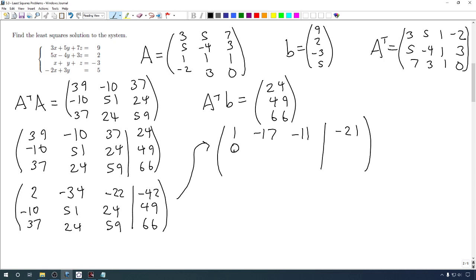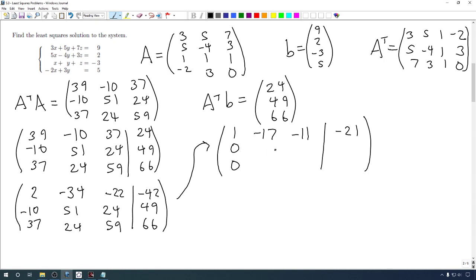And then we'll go ahead and use that 1 to cancel out the negative 10 and 37. So we're adding 10 times this new first row to the old second row, and we're subtracting 37 times this first row from that last row. It gives us some big numbers, but we can manage.